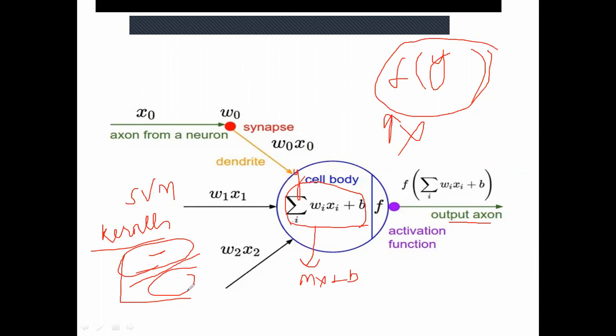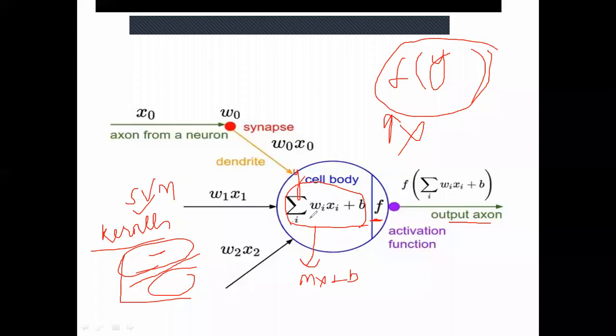So for that, you need to apply some activation function. What will those activation functions do? They will separate your data set depending upon the non-linearity and the complexity in your data set, just like kernels in SVM. I'll take this topic later on.